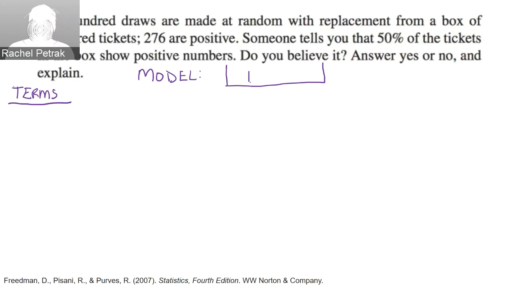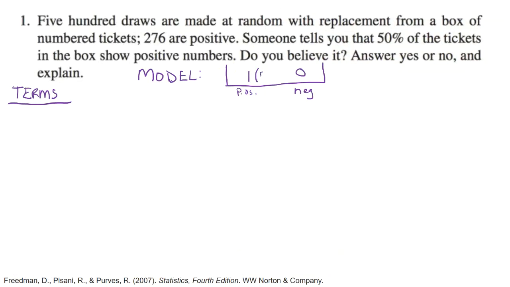There's tickets with positive numbers and tickets with negative numbers. And we know their proportions. We know that in the expected model, 50% of the tickets have positive numbers, which means that 50% would have negative numbers too in this model.